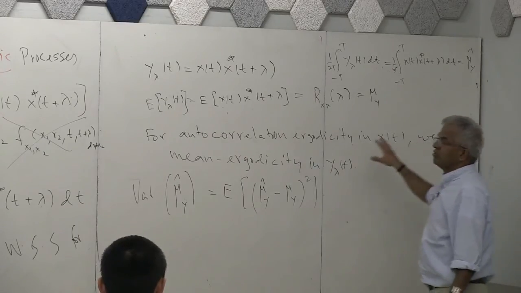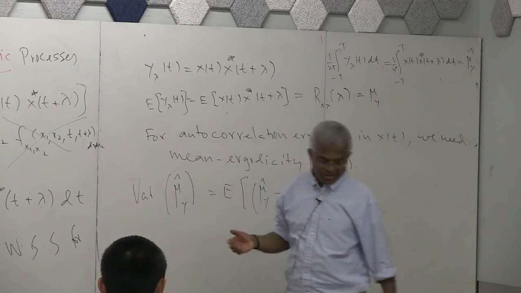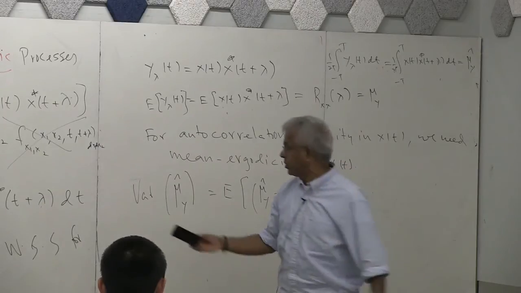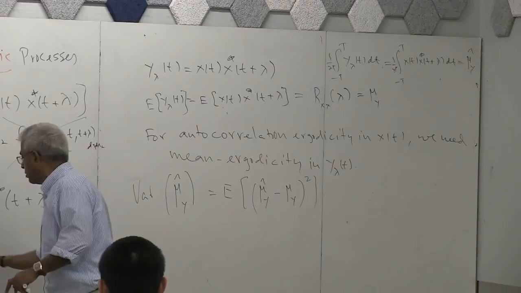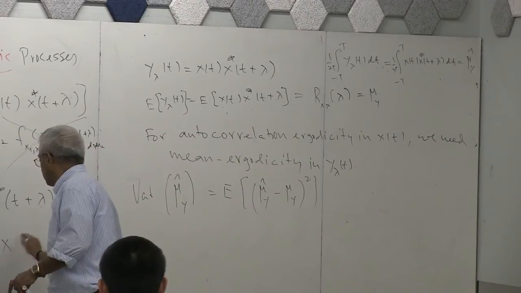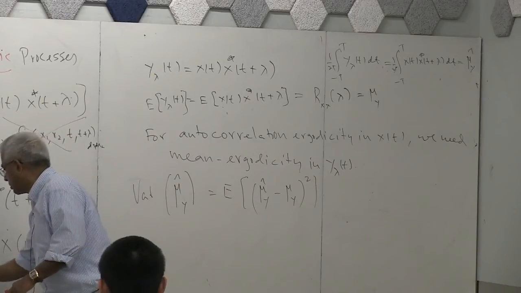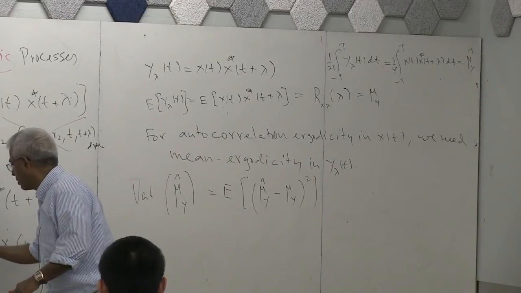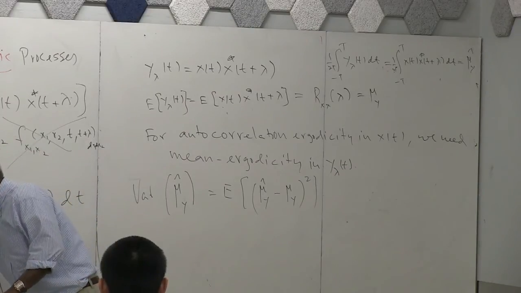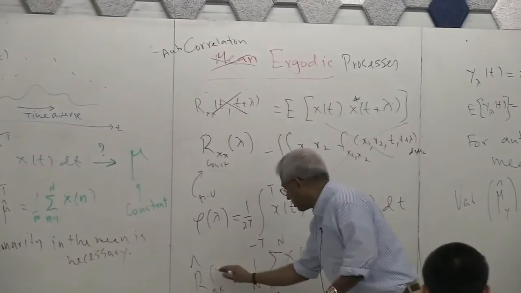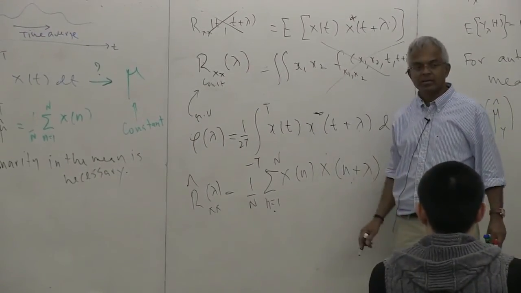So if you want autocorrelation ergodicity, that's the same as saying the autocorrelation function we will compute in this manner, or if it is discrete data, you take x of n, then x of n plus lambda, and then you sum it up over n. So this is the way you would compute it if you have discrete data.